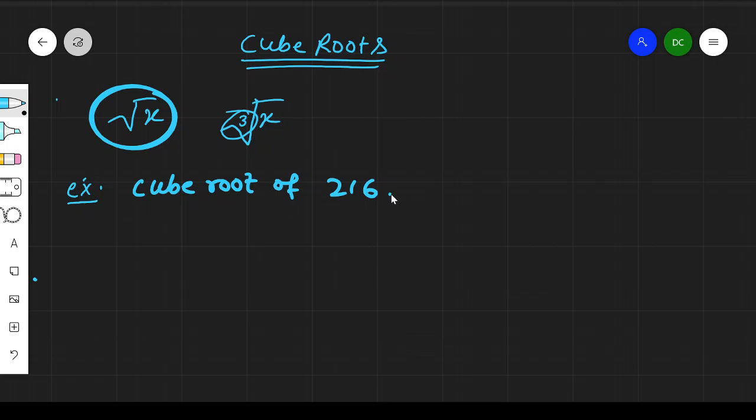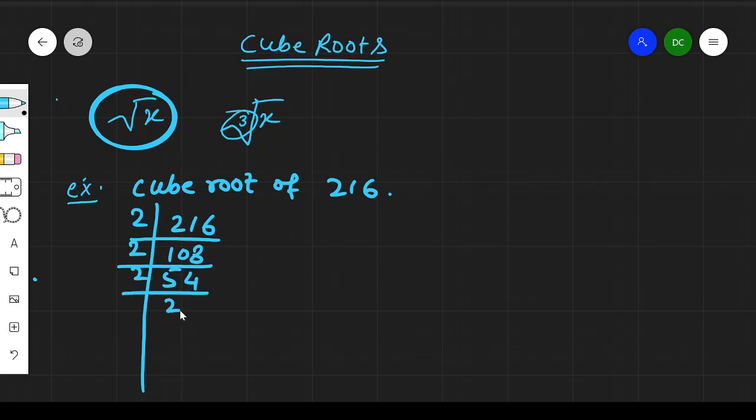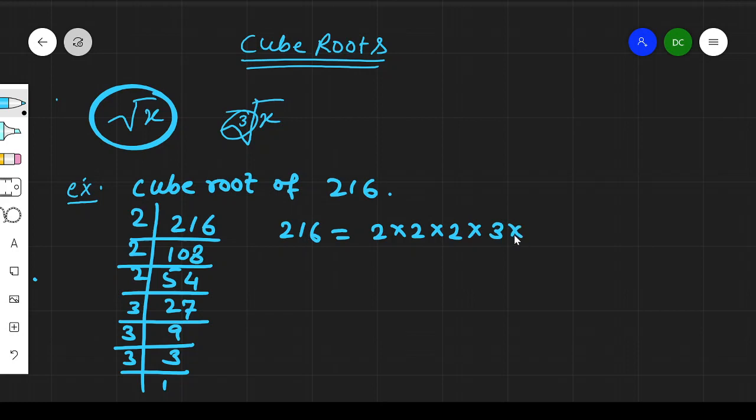Let us do the prime factorization of 216. 2 1s are 2, 2 8s are 16, 2 5s are 10, 2 4s are 8, 2 2s are 4, 2 7s, then afterwards 3 9s are 27, 3 3s are 9 and 3 1s are 3. So, simply 216 means 2 multiplied by 2 multiplied by 2, 3 multiplied by 3 multiplied by 3, but what we have to find? We have to find the cube root of this. Cube root means this one we have to solve.